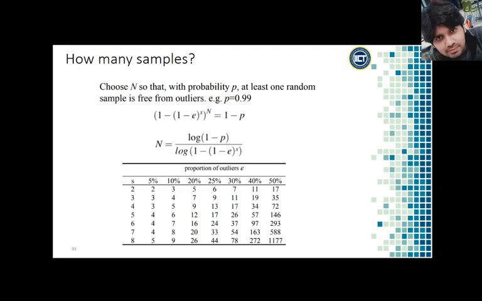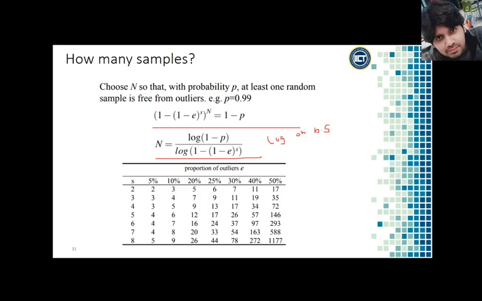And if you take the log on both sides, you will get this equation. So if we know E, we can solve for n, where n is the number of trials needed to get at least one sample of all inliers with probability p of not all outliers.